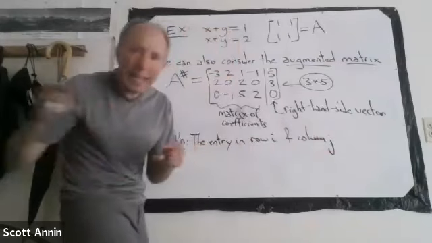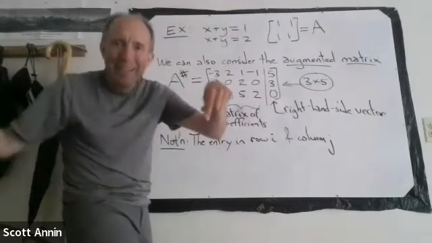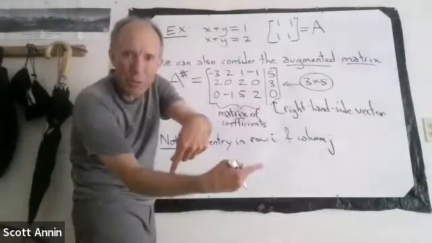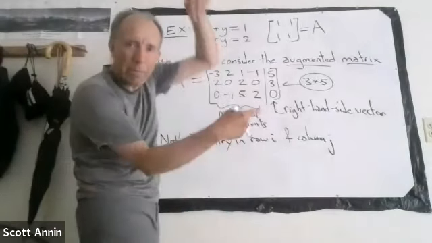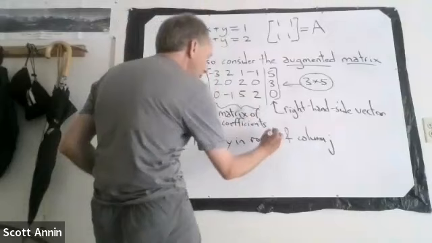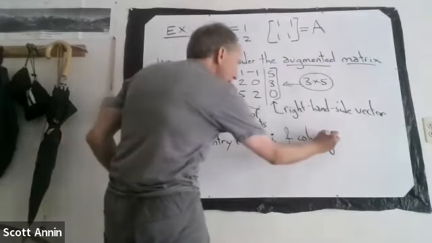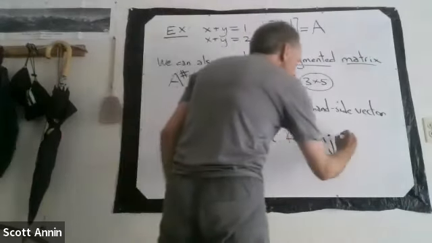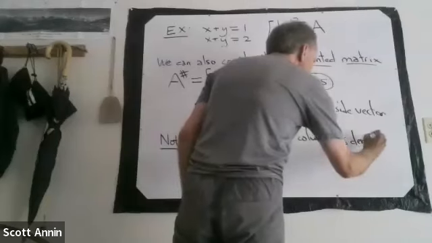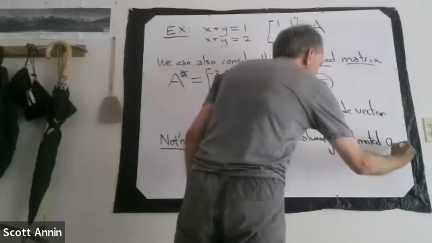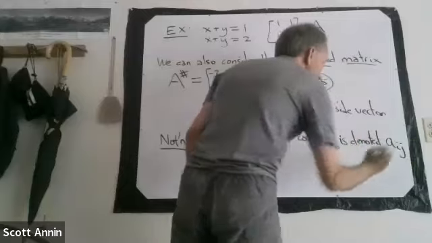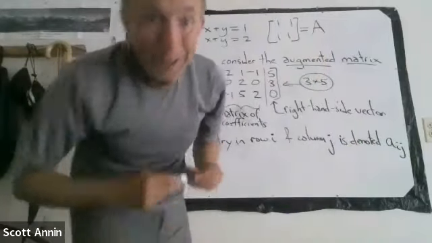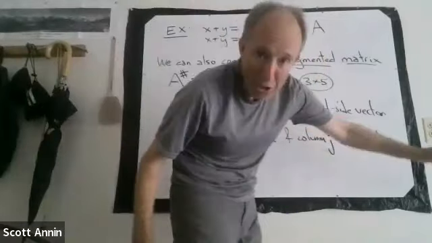A row goes horizontally, a column goes up and down. If I line up a row and a column and look at the entry in that particular row and column, we use double subscripting, which is A sub ij.